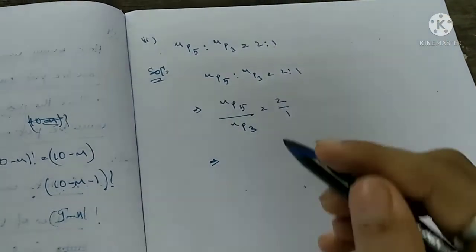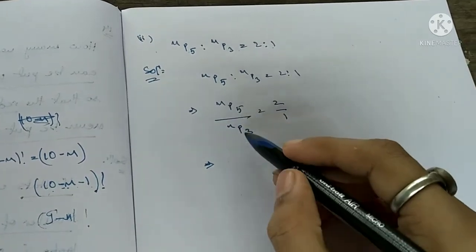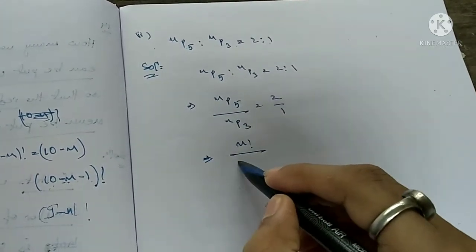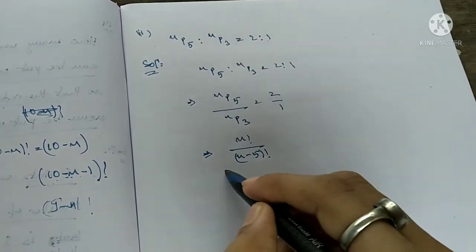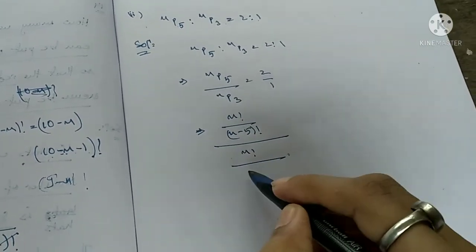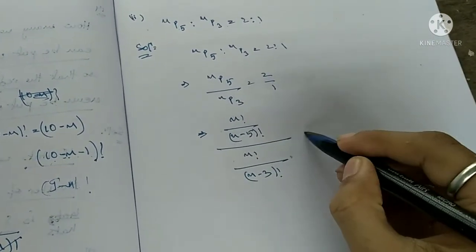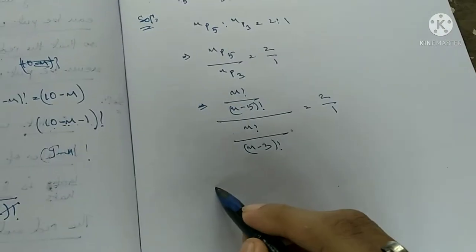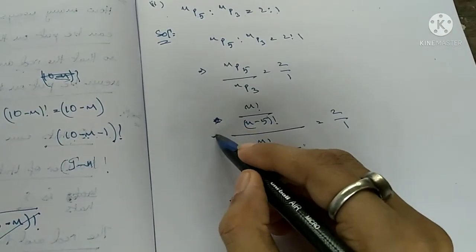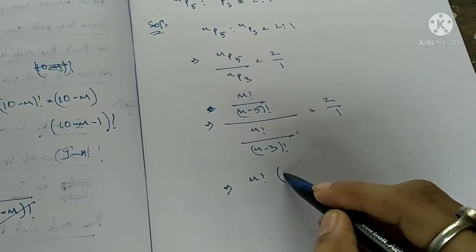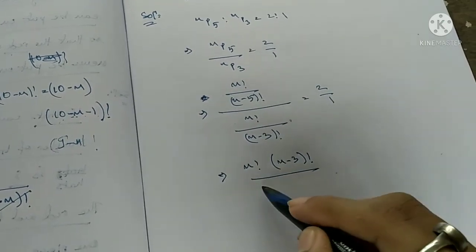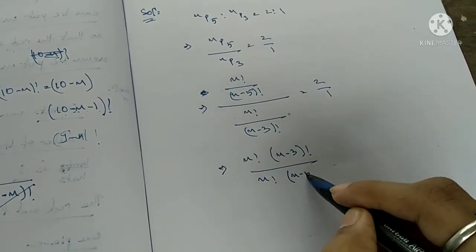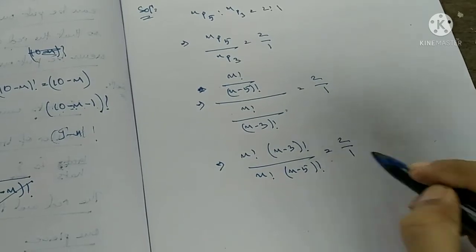So now nP5 means n factorial by n minus 5 factorial, divided by n factorial by n minus 3 factorial, is equal to 2 by 1. Ultimately this will be n factorial into n minus 3 factorial by n factorial into n minus 5 factorial is equal to 2 by 1.